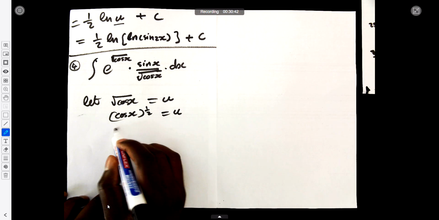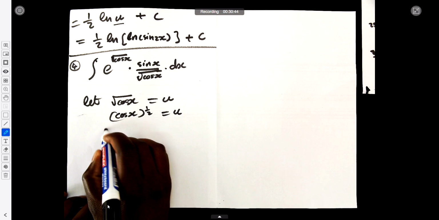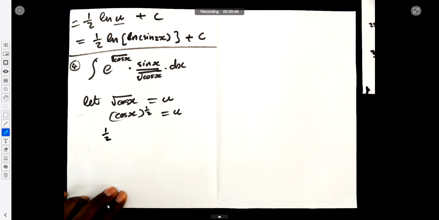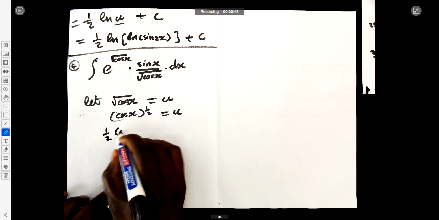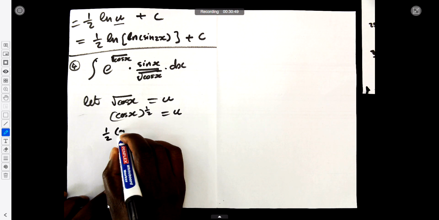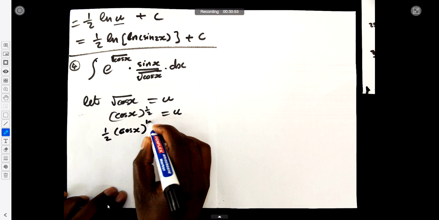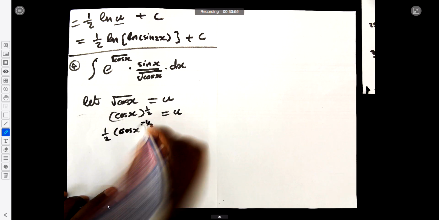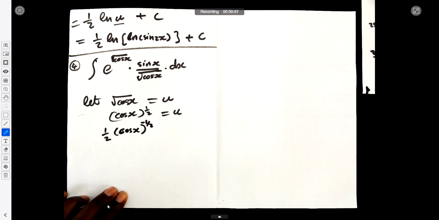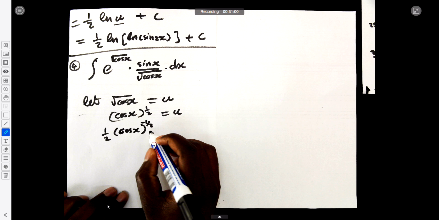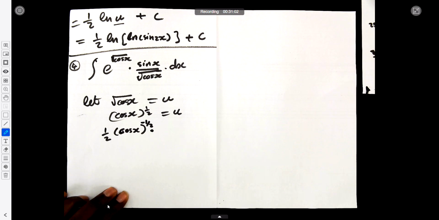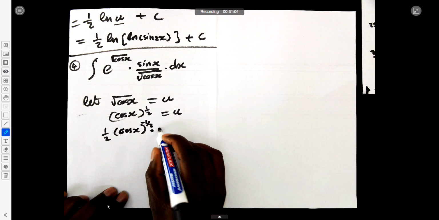The derivative of this is a chain of functions where we're going to have 1 over 2 inside the bracket, and we still have cos x all to the power of negative half. So we multiply by the exponent and subtract 1 from the exponent. We need to multiply by the derivative of what is inside. So the derivative there is negative what?